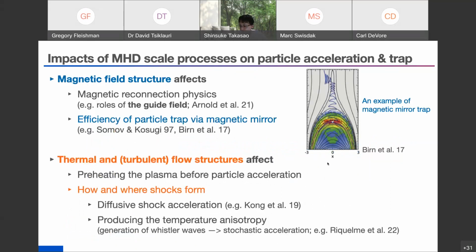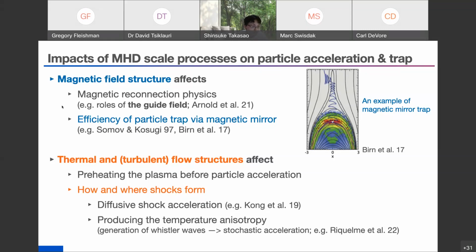Here, I briefly summarize the impact of the MHD scale processes on particle acceleration and trap. First of all, the multi-field structures will of course affect the magnetic reconnection physics. Recent studies pointed out that the guide field significantly affects the efficiency of electron acceleration.